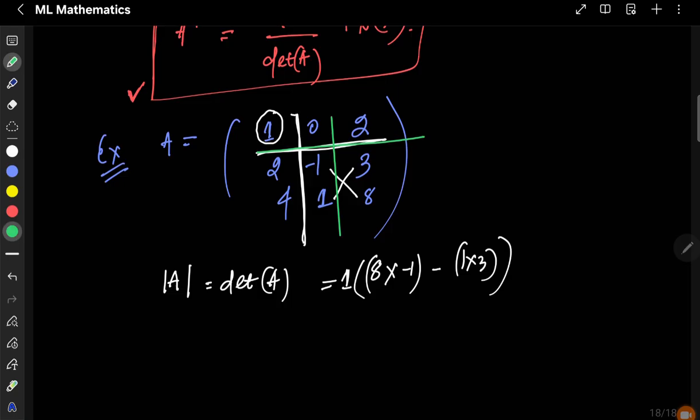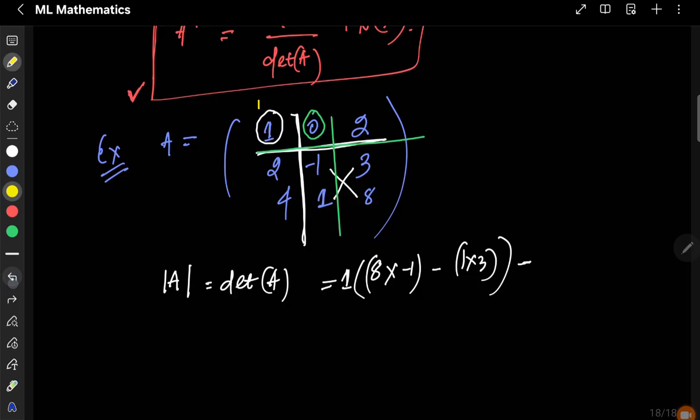The value is 0. If I write it like this, it becomes minus, because the position is 1 0, right? It's better to go with 1 1.